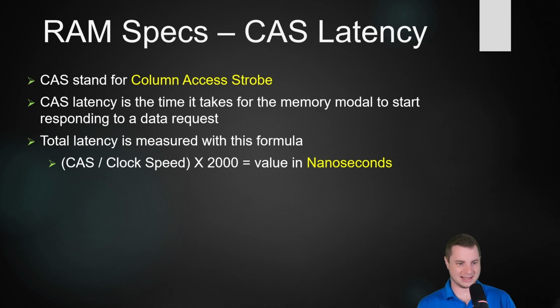As soon as it gets the request, how long is it going to take to get data back? So the formula for this is CAS divided by clock speed times 2000, and this is going to give you a value in nanoseconds for how long it takes to get information off the RAM.